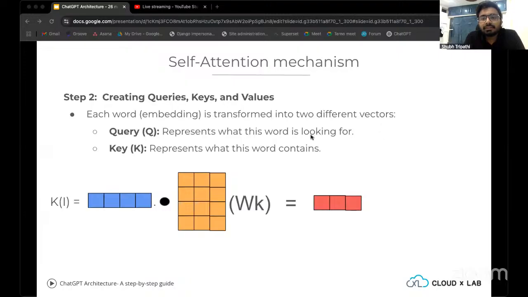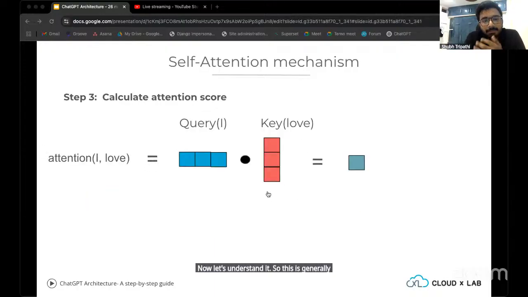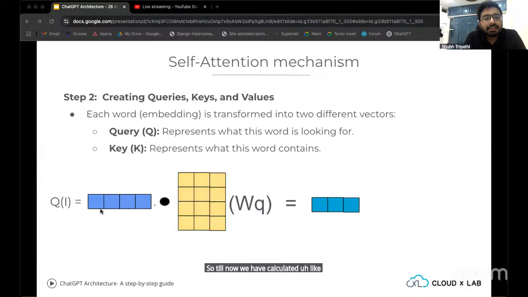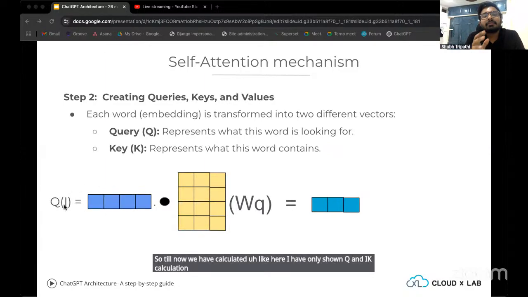Now let's understand it in a clearer way. This is generally the self attention mechanism. Till now I have only shown the Q and K calculation for the word I, but we perform similar computations for each of the words.